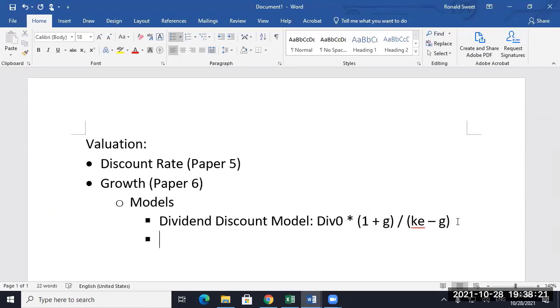What are we assuming? What are we assuming dividend zero equals? We're assuming dividend zero is a good proxy for free cash flow per share for equity. Is that a right answer?